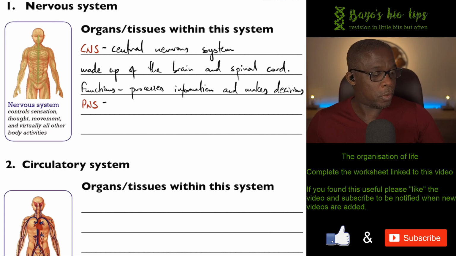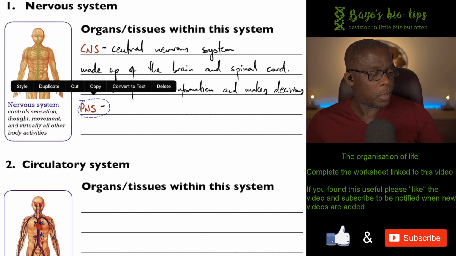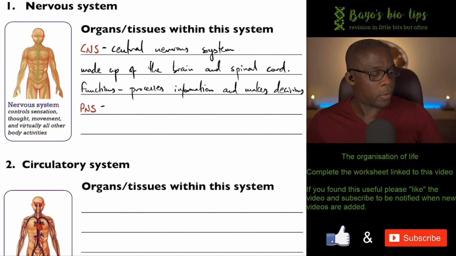And then it sends the instructions that result from those decisions around the body. Now we're going to talk about how the information gets to the central nervous system and how it's then carried, or instructions are then carried around the body.